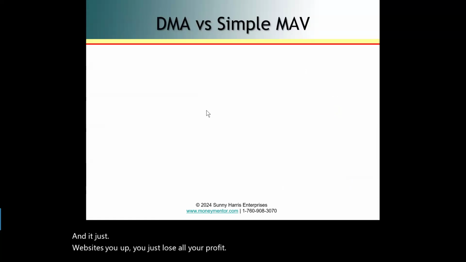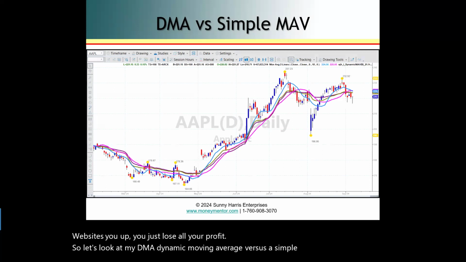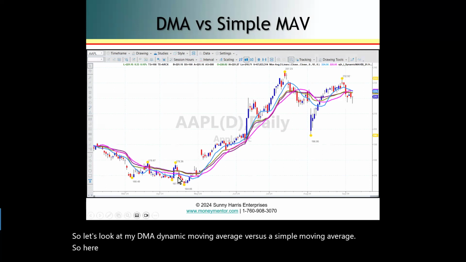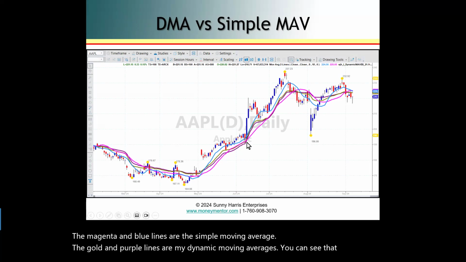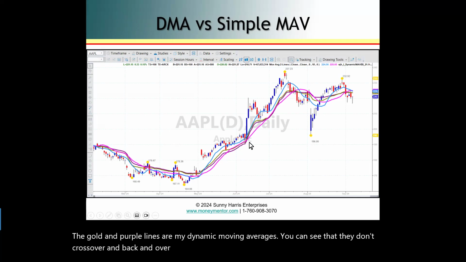So let's look at my DMA, dynamic moving average, versus a simple moving average. So here we have the yellow dots. The magenta and blue lines are the simple moving average. The gold and purple lines are my dynamic moving averages. You can see that they don't cross over and back and over and back like a simple moving average does. They stay with the trend as long as we have a trend.